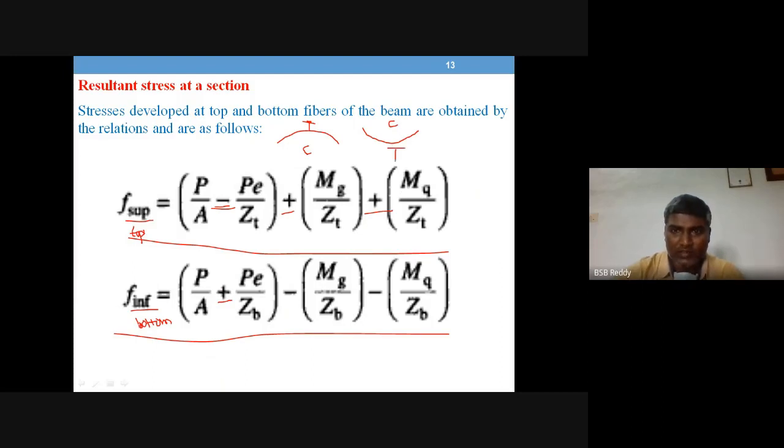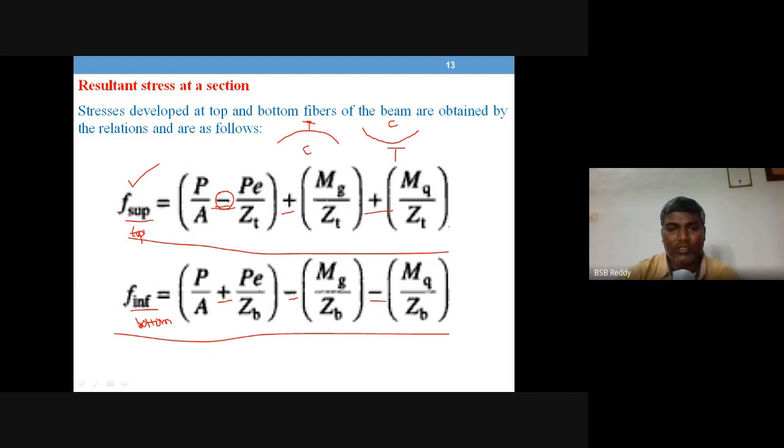Bottom tension, sagging, so negative, bottom tension due to live load and dead load. You have to be sure about these plus and minus signs, because if you fail to place the exact sign convention, plus or minus, you are going to end up with a wrong value of stress.